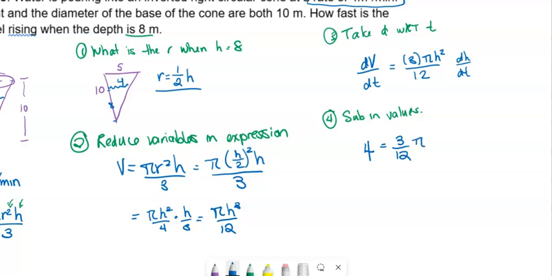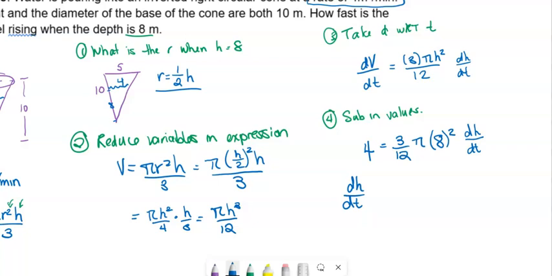I know that the question is asking me for when the height is 8, so I'm going to put that in for my h value. And the rate of change of the height is what I'm actually solving for, so I leave it as my one unknown. I'm going to rearrange to solve for the rate of change of the height with respect to time.